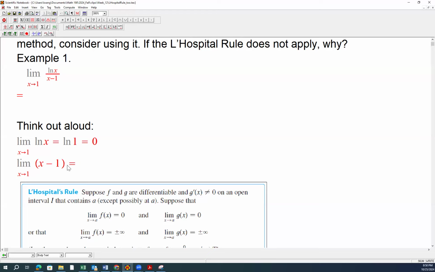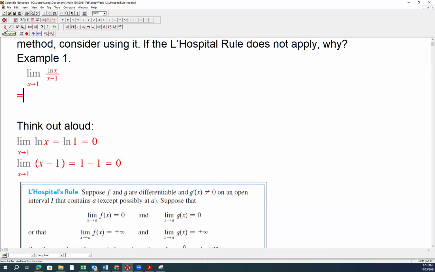In the denominator, when x approaches 1, it's a direct substitution because x minus 1 is a polynomial, so 1 minus 1 equals 0. So the numerator's limit approaches 0 and the denominator's limit approaches 0, so we can apply L'Hopital rule. And of course, g of x is not equal to 0 in the neighborhood of 1. That certainly is true.